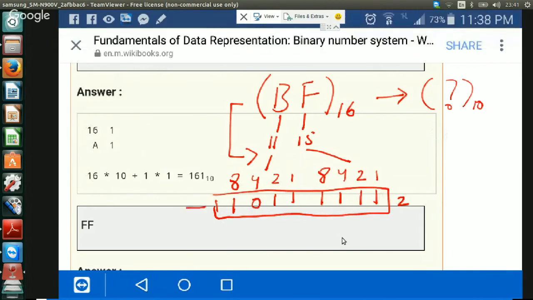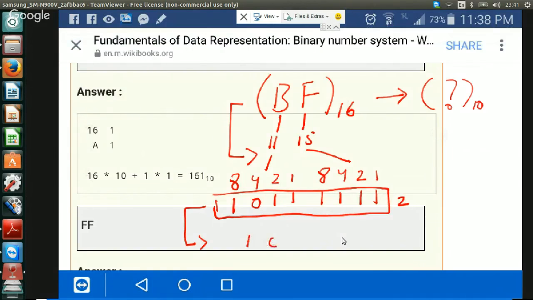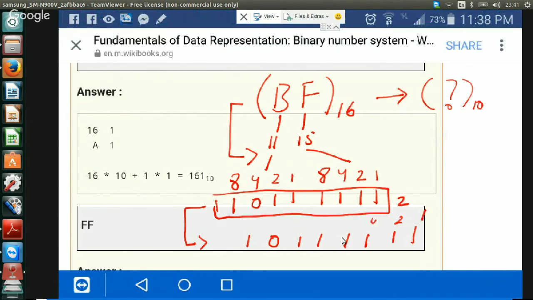Now convert this binary number into what? Into its decimal equivalent. That's easy. Simply rewrite the number, that is 1 0 1 1 1 1 1 1. Now we're converting a binary number into its decimal equivalent. So 1, 2, 4, 8.